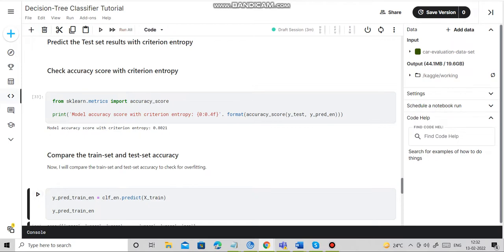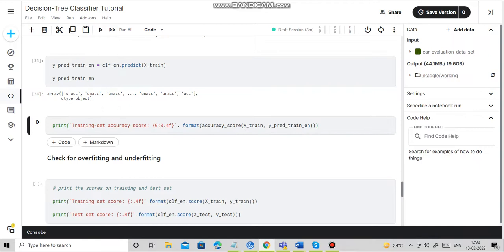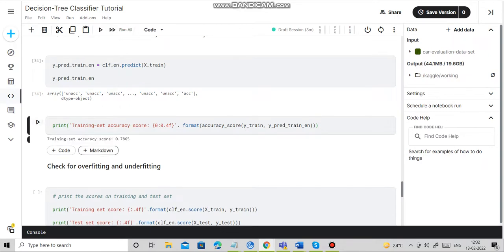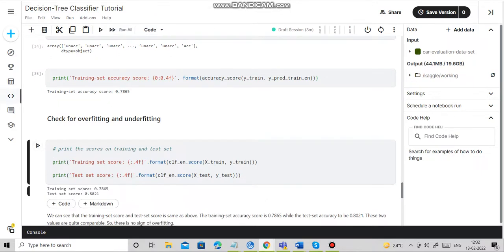So we see that in this particular example, the accuracy of both the training and test sets is exactly the same. Over here the training accuracy is again 0.7865, which was exactly the same as that of Gini, and hence again we see that there is no evidence of overfitting.